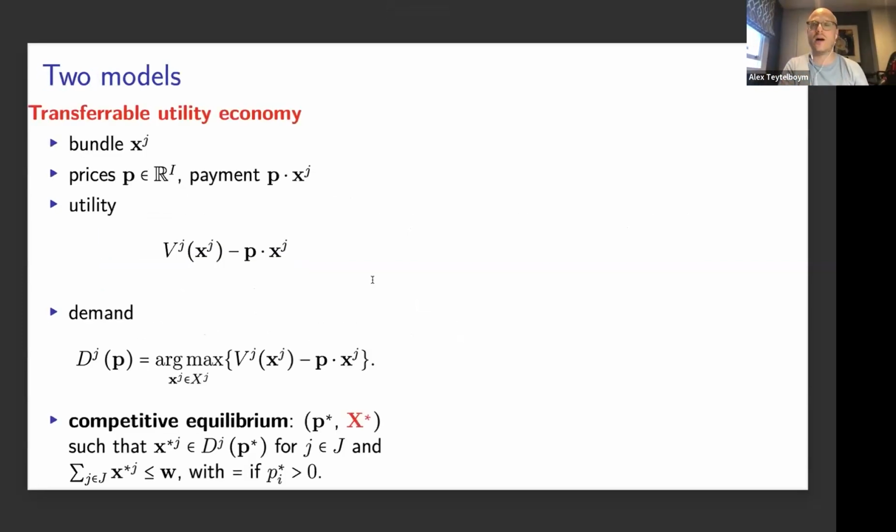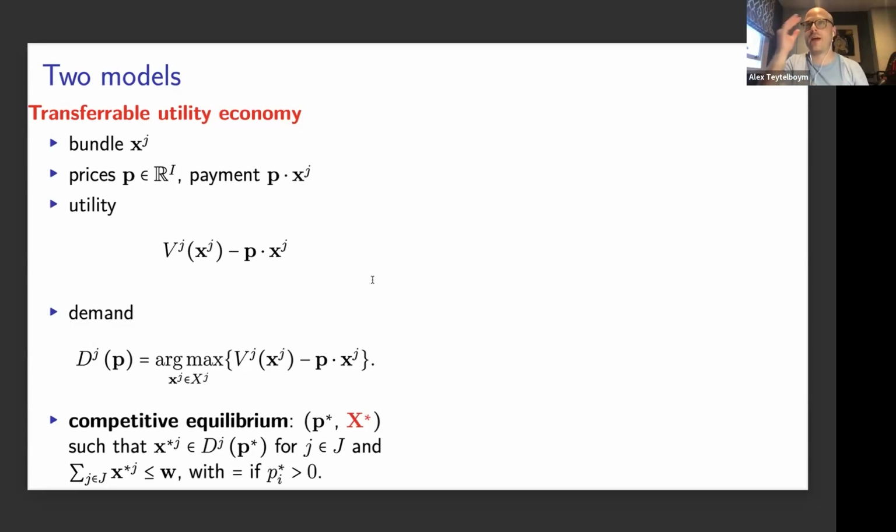Just to recap one more time. We have bundles of indivisible goods. We have prices, one for each good. Agents are going to spend P.X, the expenditure. The utility in a transferable utility economy is my valuation over indivisible goods minus the payment. The demand correspondence for any competitive price vector is going to tell us which bundles maximize this quasi-linear utility.